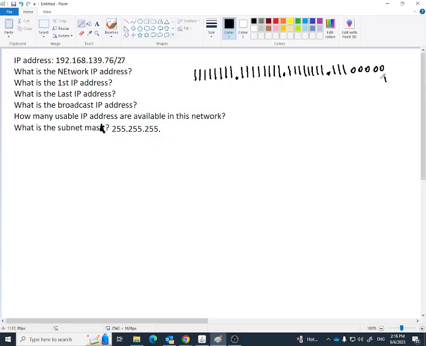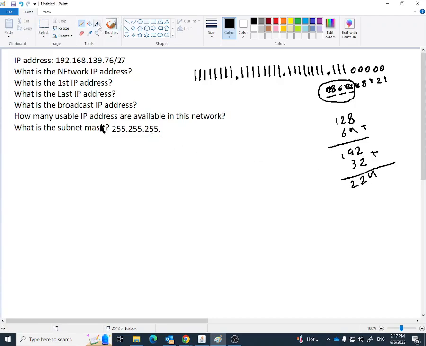If I just put 1, 2, 4, 8, 16, 32, 64, 128, then 128, 64, and 32 are the ones representing those ones here, and the rest are zeros. So we just need the summation of all these numbers: 128 plus 64 is 192, plus 32 is 224. So that's the number here.